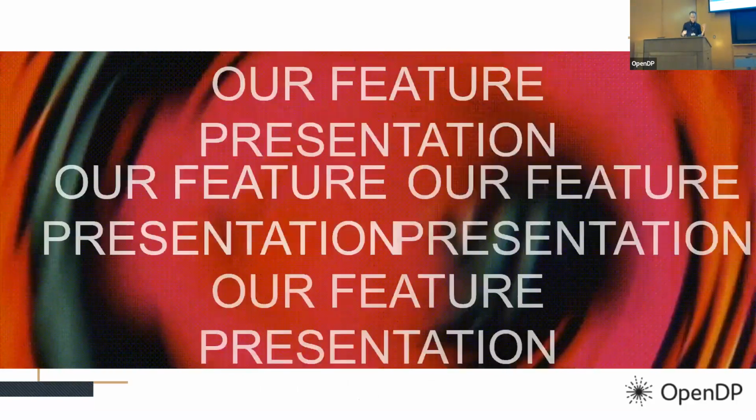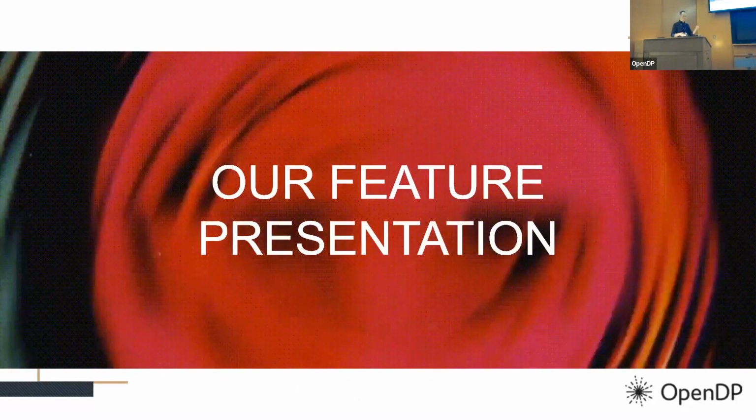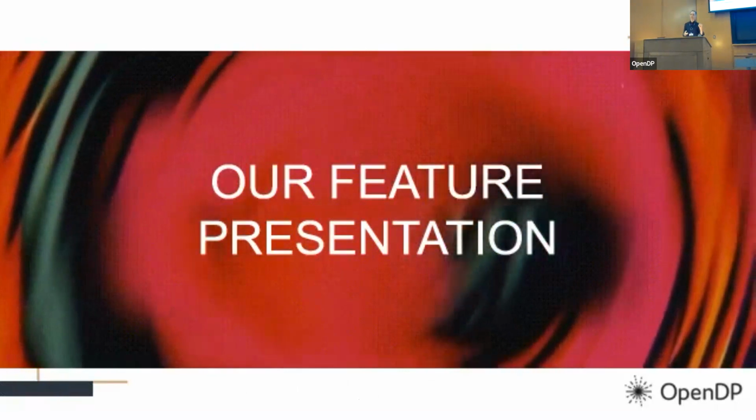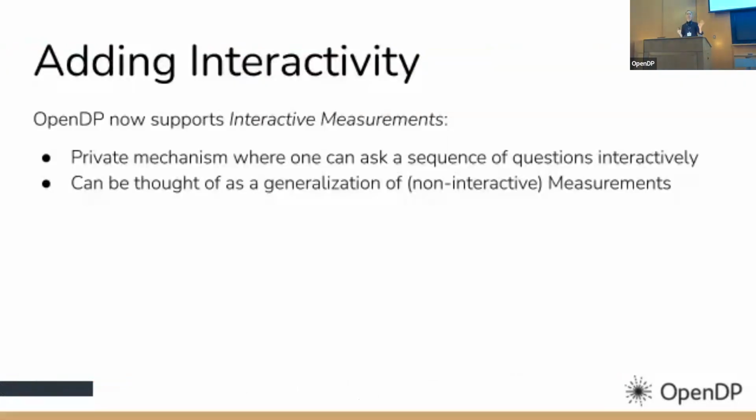Okay, so that's a very quick overview of the system. Now I'm going to get into what we've added recently, starting with one of the things we're most excited about, a recent addition to the OpenDP library, and that's interactive measurements. Interactive measurements are a form of private algorithm where you can take a sequence of queries, and from that sequence you can generate a sequence of answers on the fly.